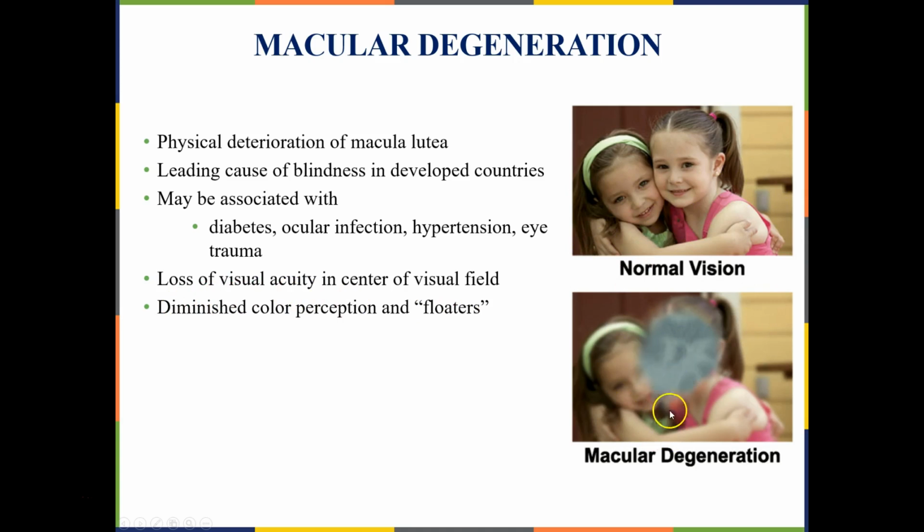Macular degeneration is damage or degeneration of the macula lutea, and so that area of central visual acuity is going to be gone. And so here you see that same picture with someone who has macular degeneration, where that middle image is going to be gone.